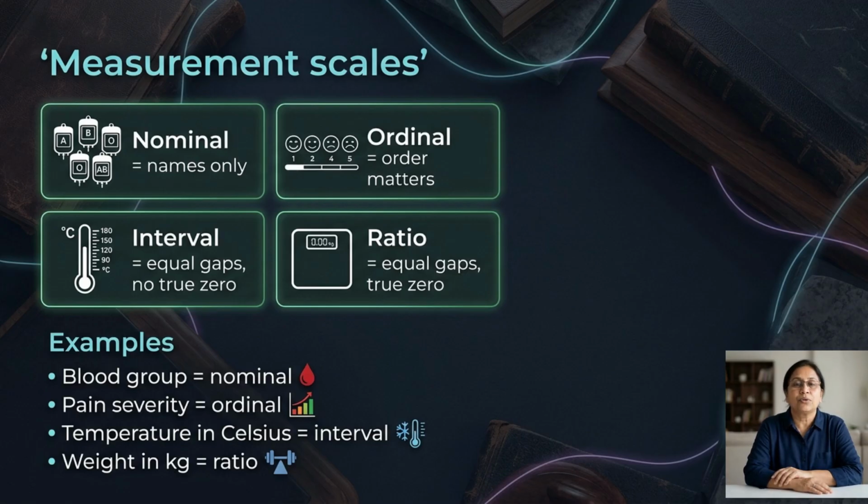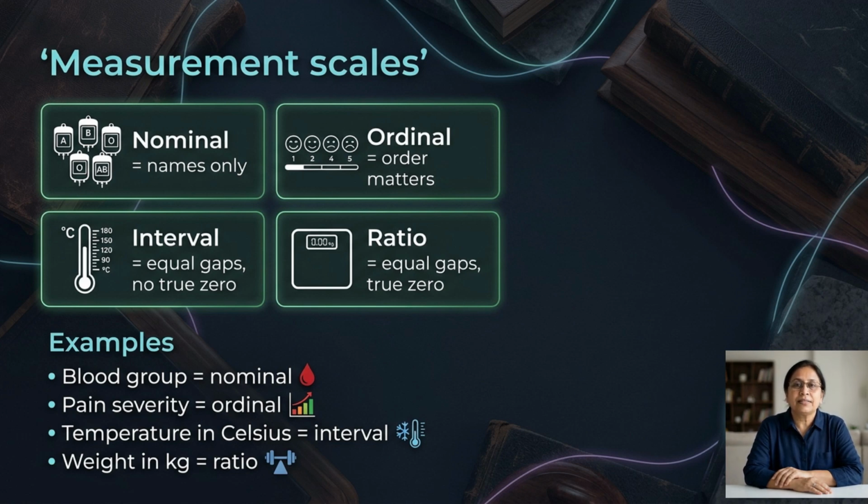Now let us go one step deeper into measurement scales. Nominal means names only. Ordinal means order matters. Interval means equal gaps but no true zero. Ratio means equal gaps with a true zero.